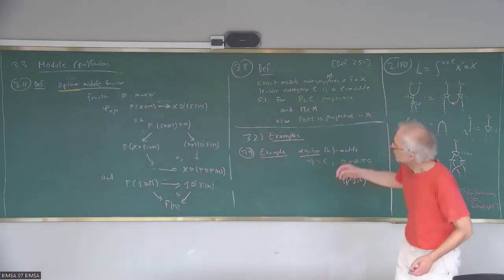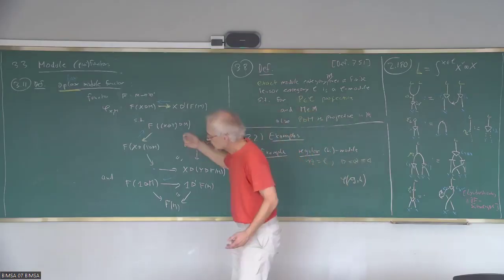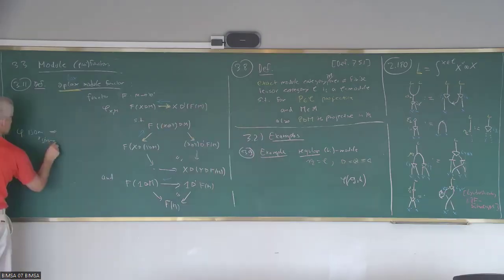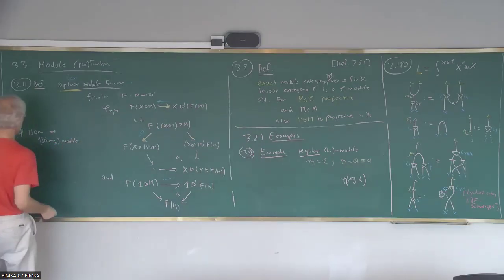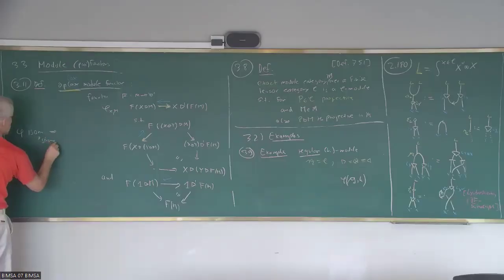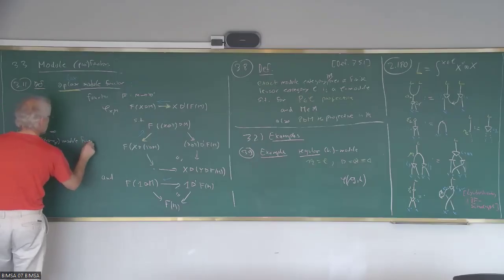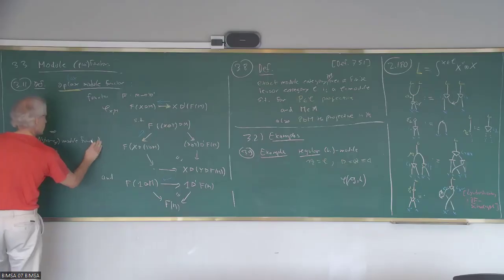And if a functor is both lax and oplax in such a way that you have isomorphisms, then you call this a strong module functor. If you're only interested in strong ones, then one just says module functors.